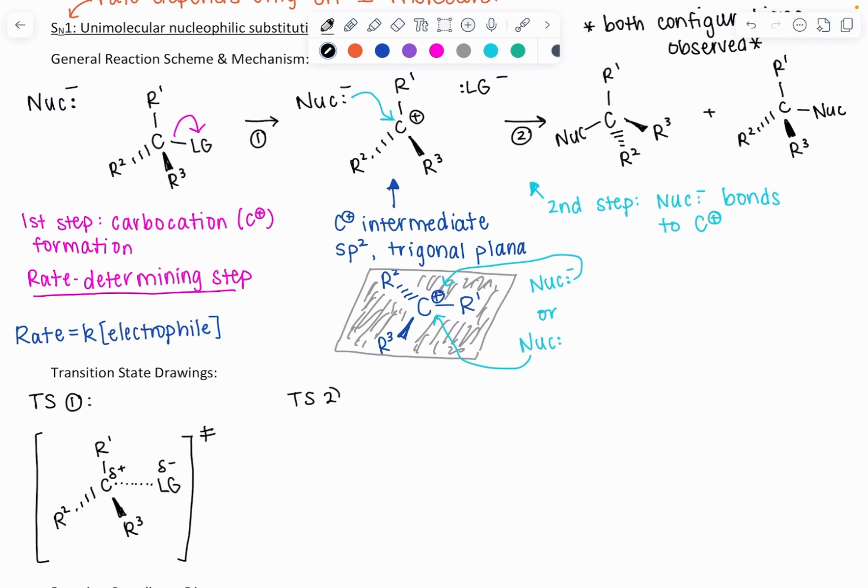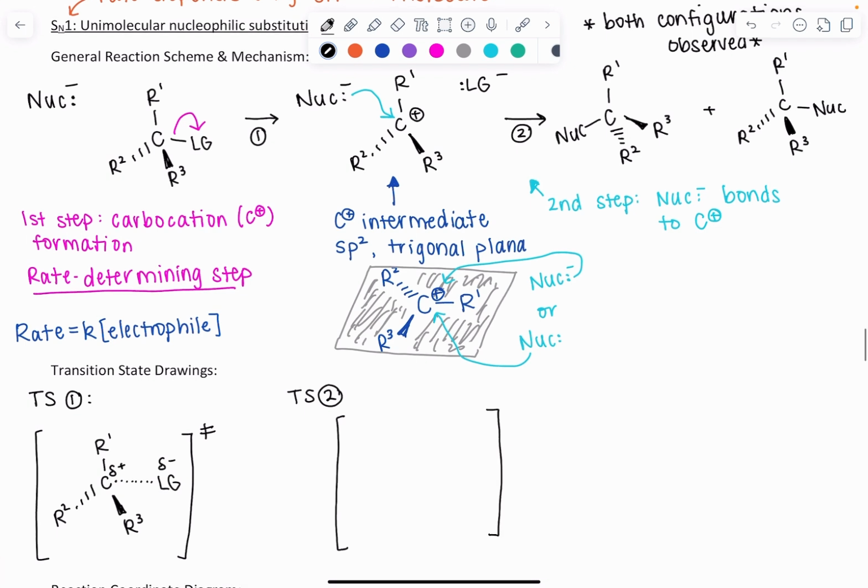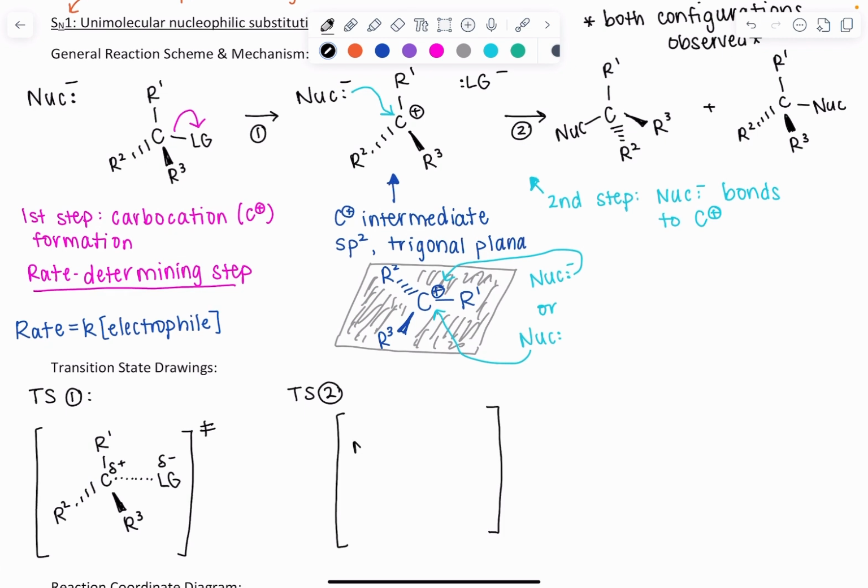Transition state for step 2. Now we're showing the formation of the nucleophile bonding to the carbocation. So the nucleophile is involved here, the carbocation is involved. So I'll draw a nucleophile, carbocation.